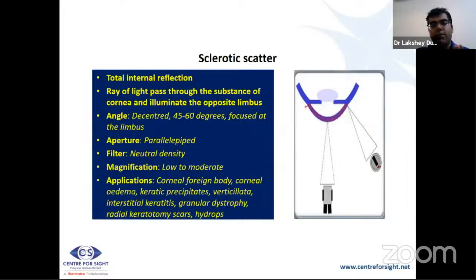Sclerotic scatter, in which you illuminate the sclera at one limbus, the light gets total internally reflected throughout the cornea and comes out from the other side of the limbus. But while it is getting total internally reflected in the cornea, if there is a subtle scar or edema, that will scatter the light and that opacity will become visible.